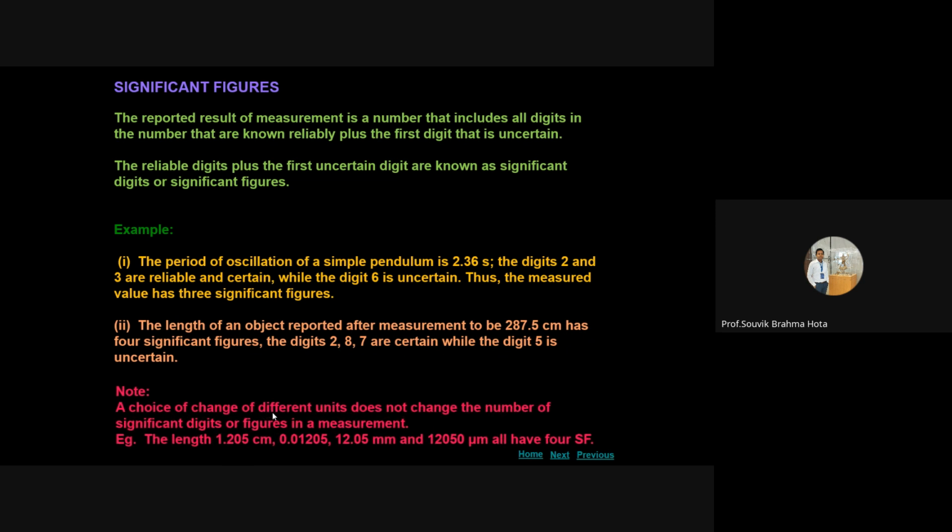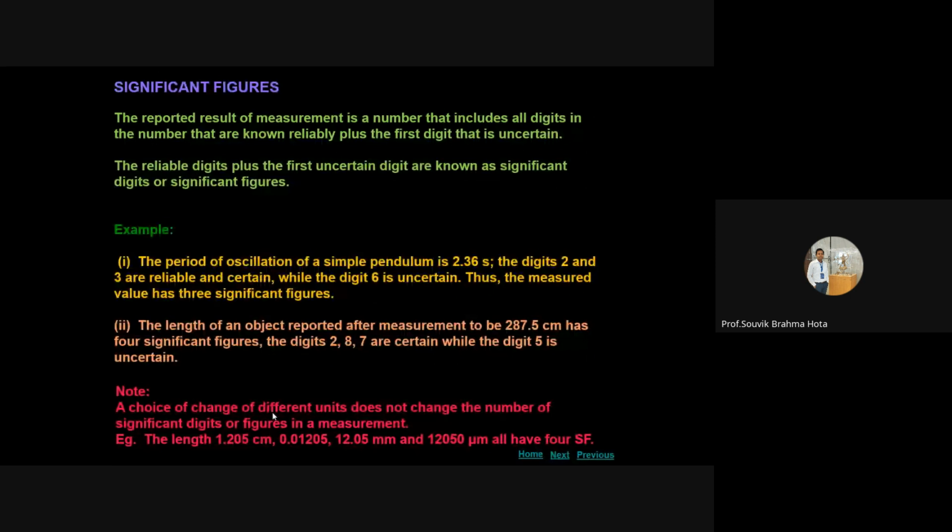Note, a change of different units does not change the number of significant digits or figures in the measurement. The length 1.205 centimeter or 0.01205 or 12.05 mm, or suppose 12050 micrometer, all have four significant figures.